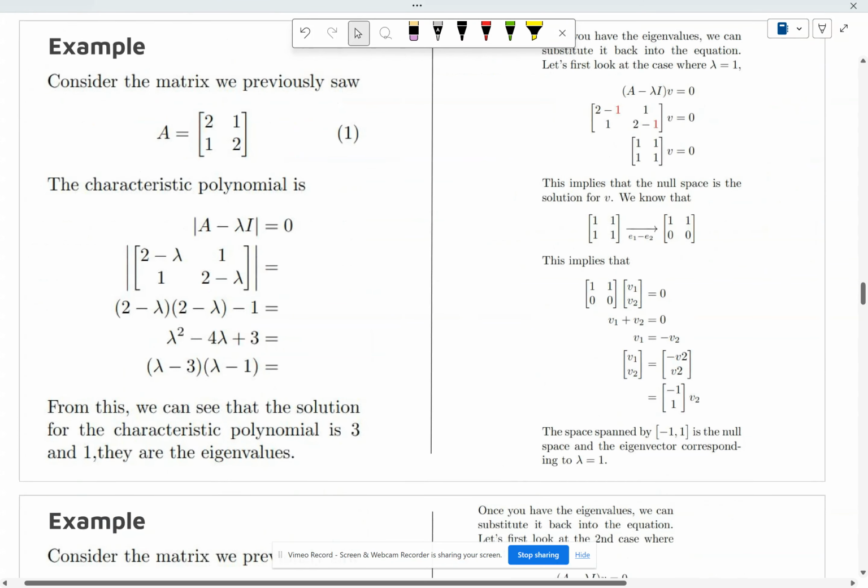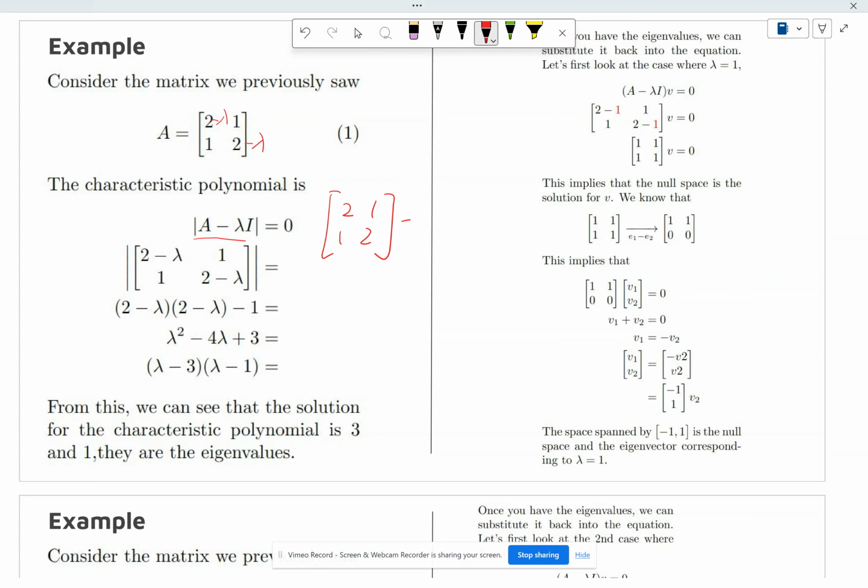Now, let's consider this matrix and see if we can do it together. First, we want the determinant of A minus lambda I to equal 0. So A minus lambda I is this minus lambda and this minus lambda, because this is 2, 1, 1, 2 minus lambda, lambda, 0, 0.